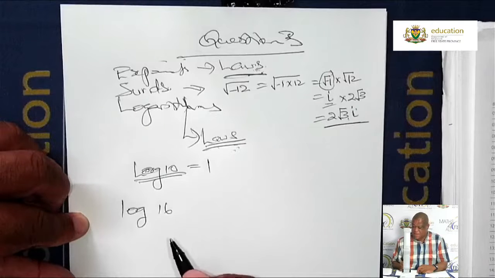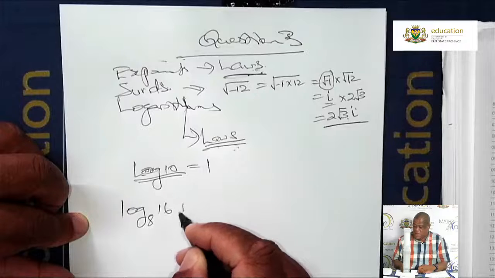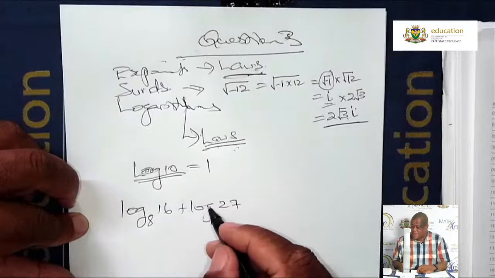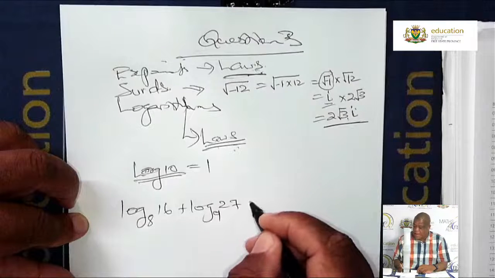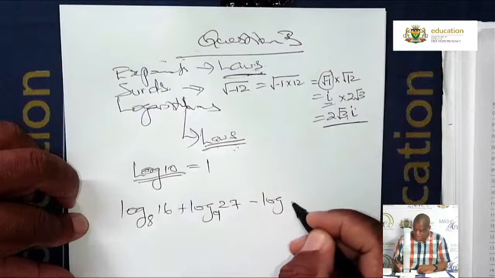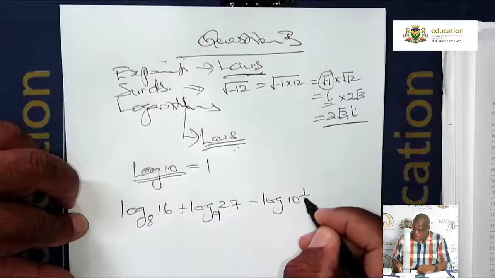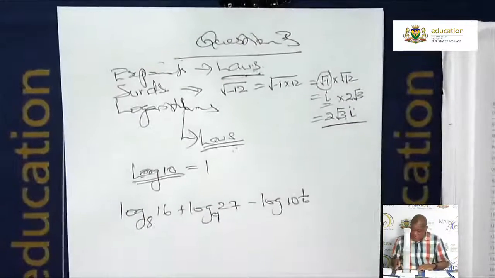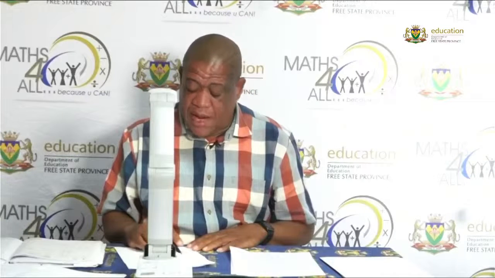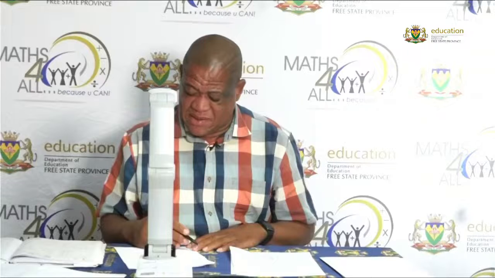Log of 16 base 8 added to log of 27 base 9, minus the log of 10, where the base there is 1 over 6, sorry.